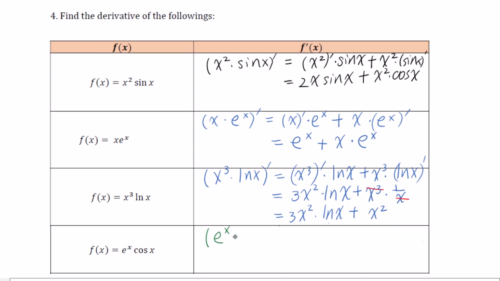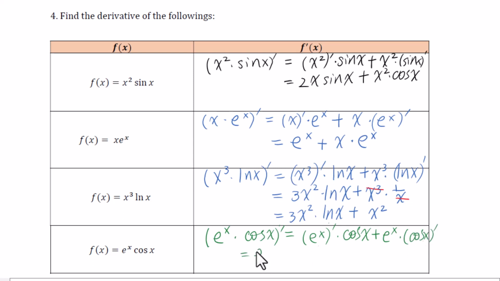(e to the x power times cosine x) prime equals (e to the x power) prime times cosine x plus e to the x power times (cosine x) prime.